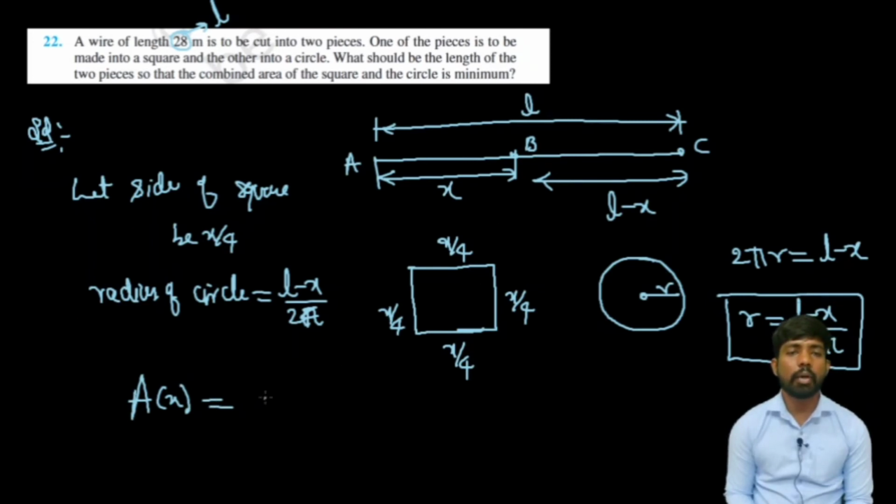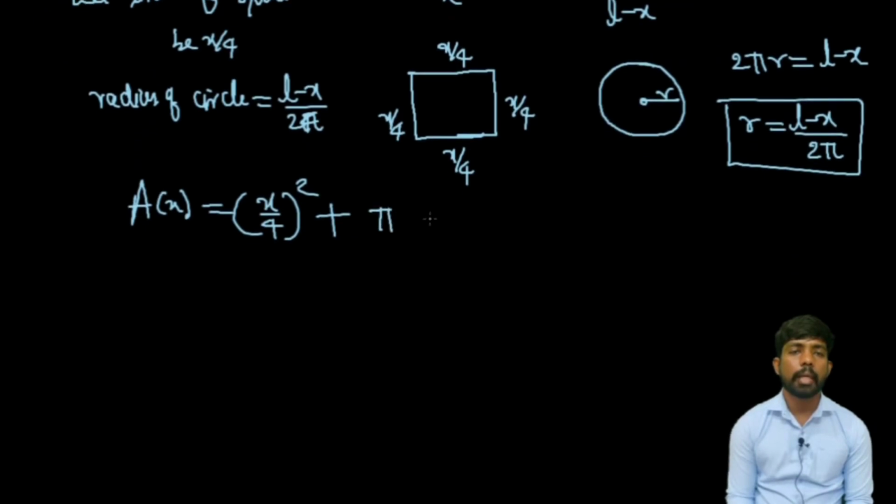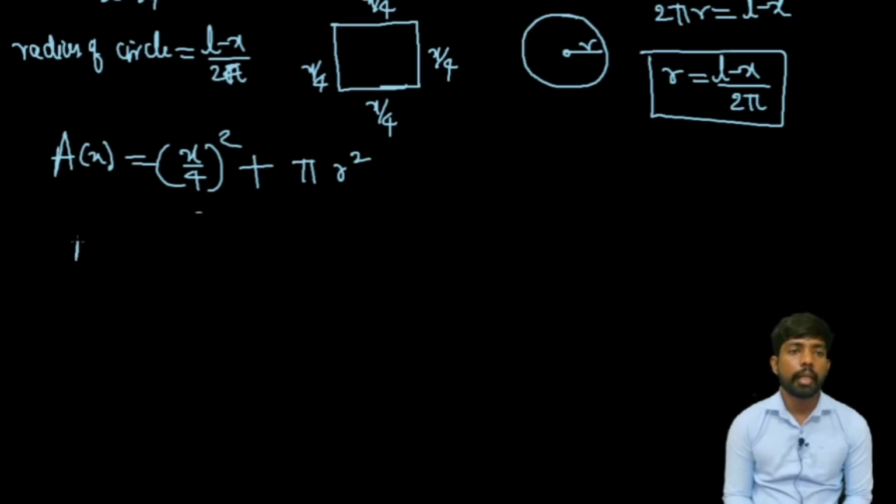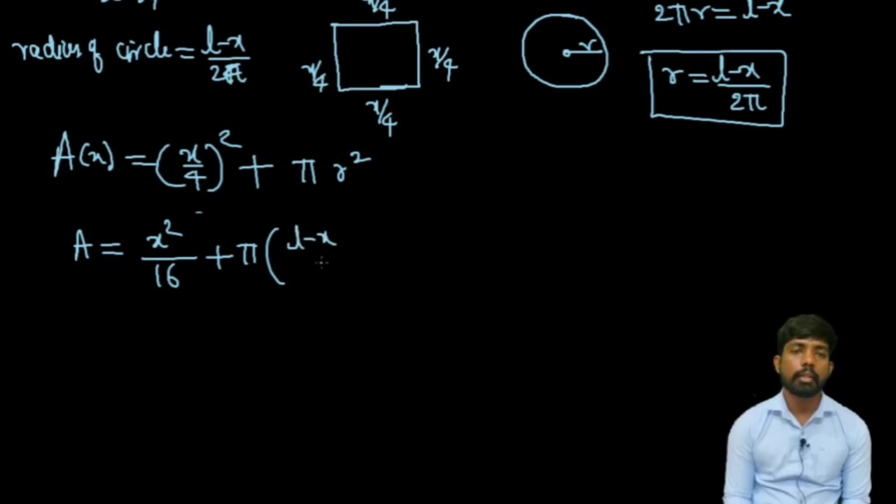Area of the square is what? Side squared, plus area of the circle, which is pi r squared. But here r is L minus x by 2 pi. So write A equals x square by 16, plus pi into L minus x by 2 pi whole square.